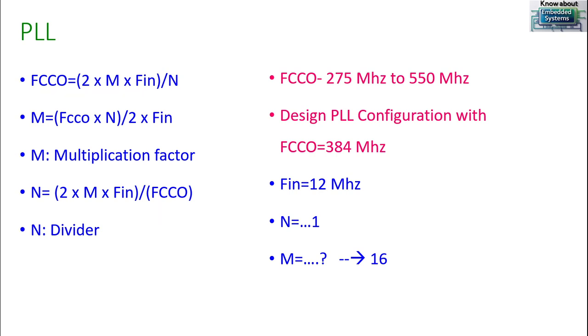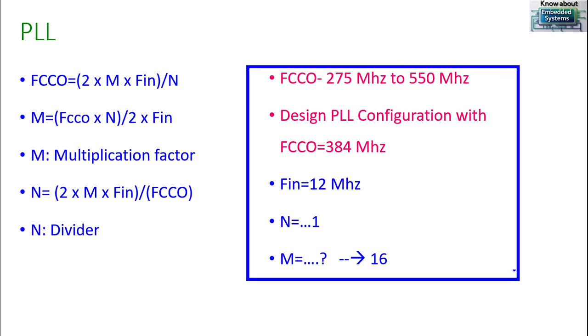The second part, before entering into the programming, we have to understand what will be the range of your FCCO. FCCO is able to generate high frequency from 275 to 550 megahertz. This is the range where we will get the FCCO frequency, and we can configure a standard value according to our design or our microcontroller requirement.